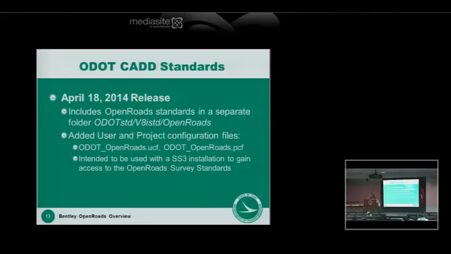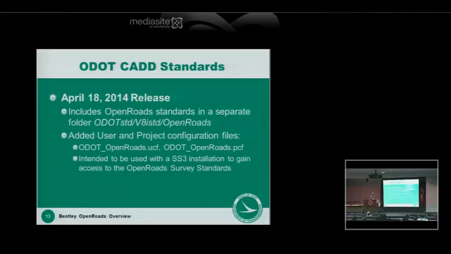So originally, the files were in that folder by themselves. It was more or less my deliverable. And there was an OpenRoads UCF, OpenRoads PCF pair that you could pick from the pull down and run the OpenRoads standard. My intent was that those were used with SS3 to gain access to the OpenRoads survey functions.